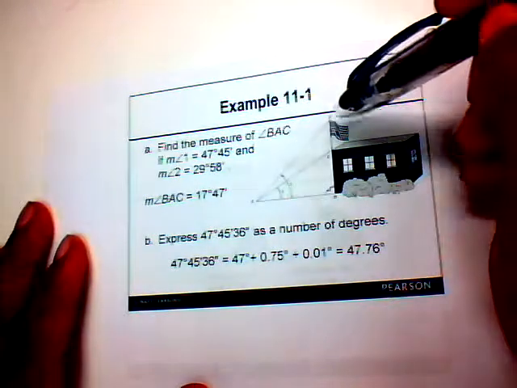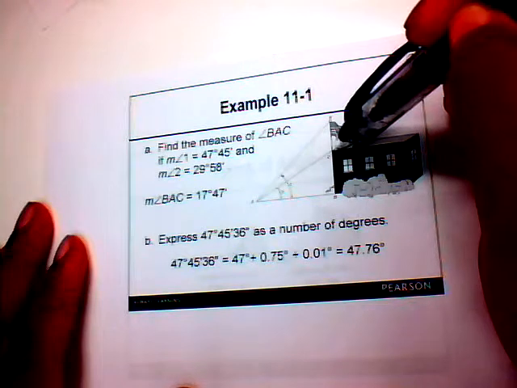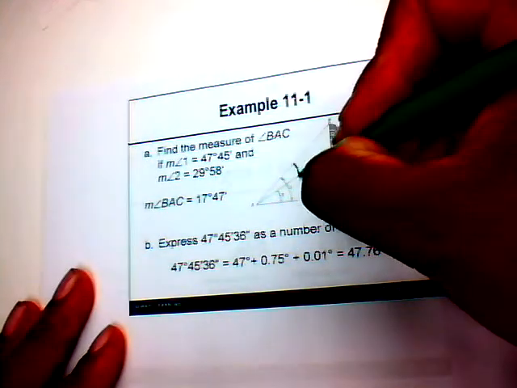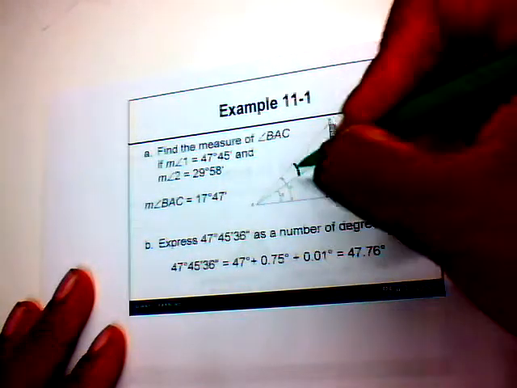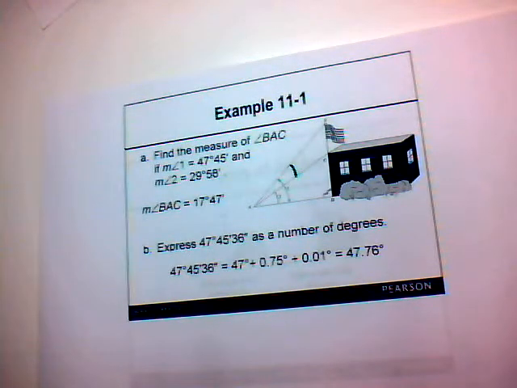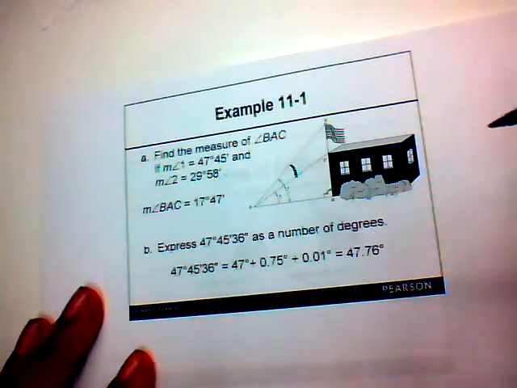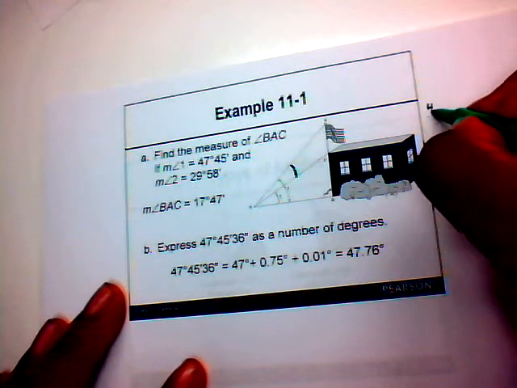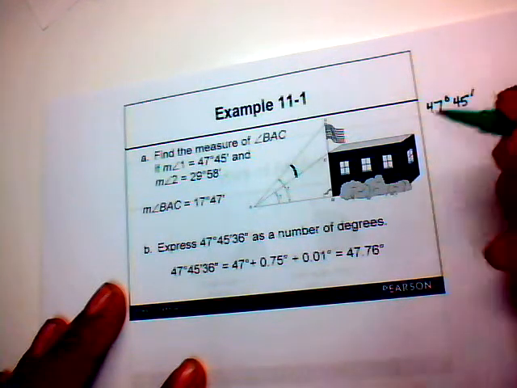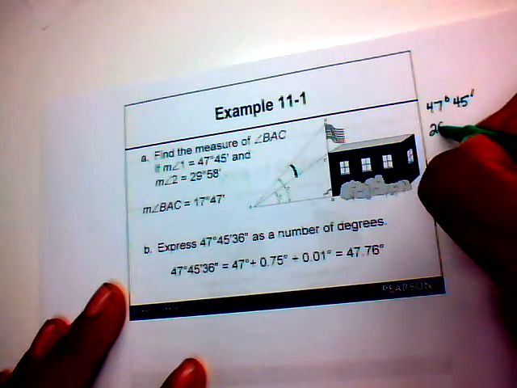We're finding angle BAC, this angle up here that I'm marking off. The whole angle 1 is 47 degrees, 45 minutes, and angle 2 is 29 degrees, 58 minutes.